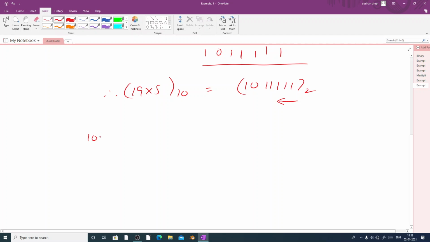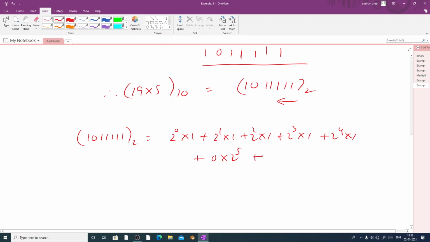So 1011111 with base 2 is equal to 2 raised to 0 into 1, plus 2 raised to 1 into 1, plus 2 raised to 2 into 1, plus 2 cube into 1, plus 2 raised to 4 into 1, then plus 0 into 2 raised to 5, and the last one will multiply with 2 raised to 6.